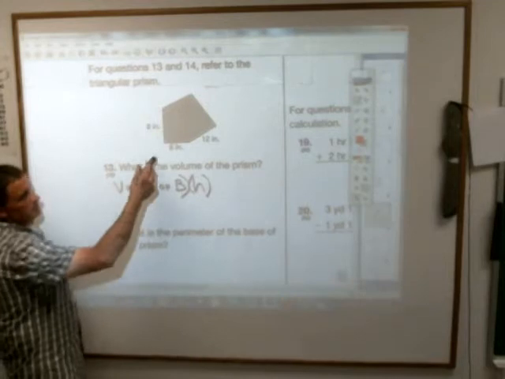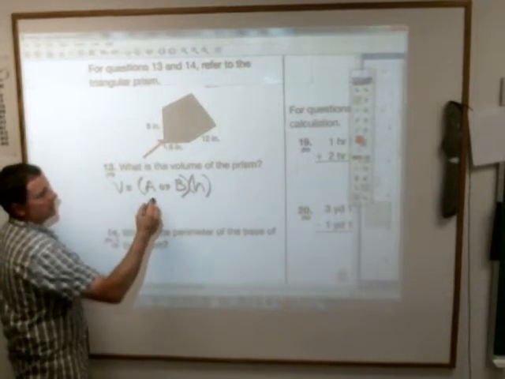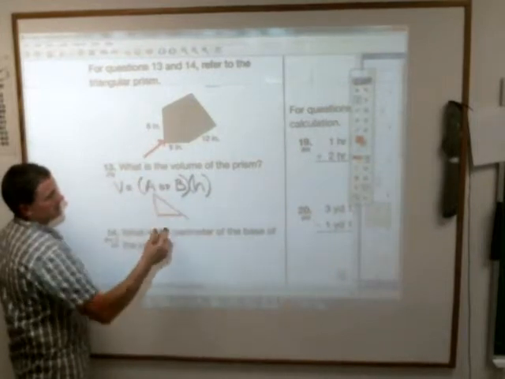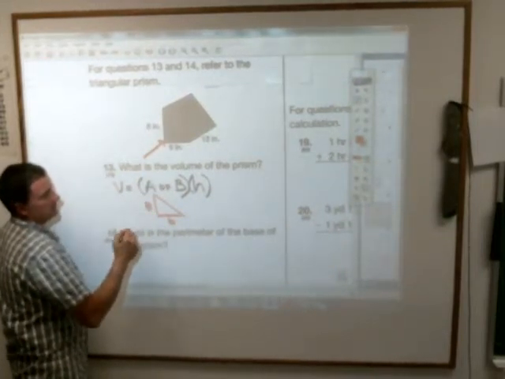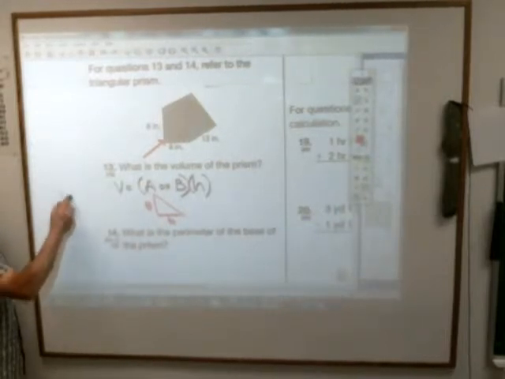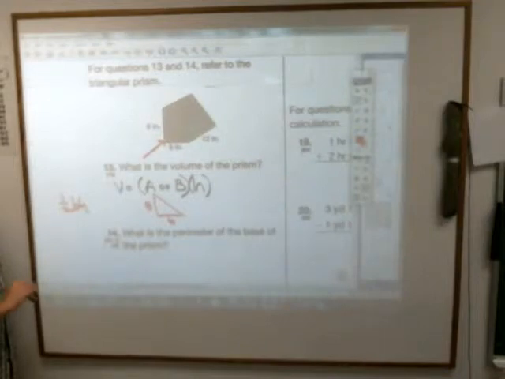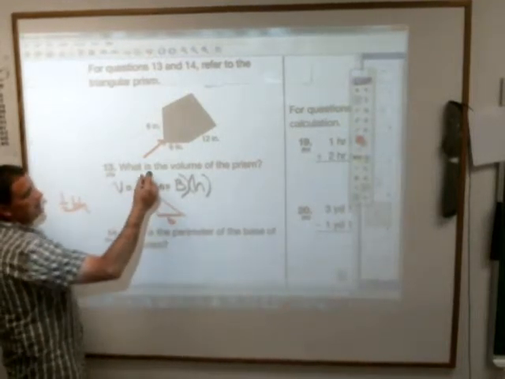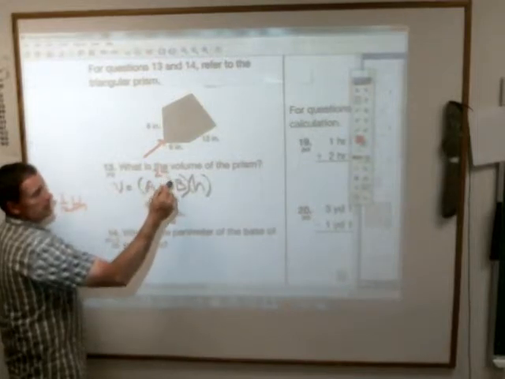So the area of the base, what is the base? It's that triangle. What's the dimensions of the triangle? It's a 6 by 8. How do I find the area of a triangle? 1/2 base times height. So it's 8 times 6 is 48, half of that is 24 is the area of the triangle.